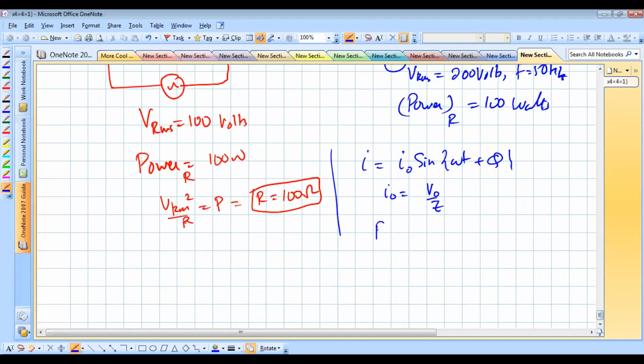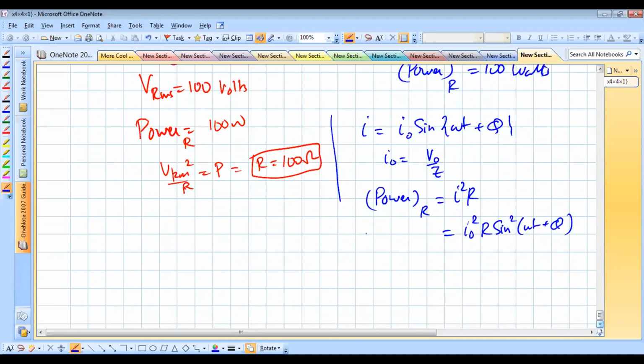So your instantaneous power consumed by the resistor is I square R. So it is I naught square R into sine square omega t plus phi. That is the instantaneous power.